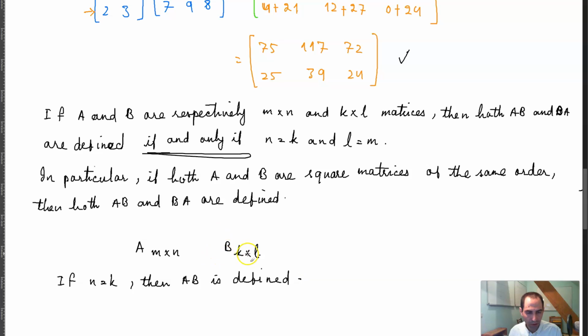Moreover, if I write this the other way around, as B, k by l, and A, m by n, then BA is defined if l is equal to m, because this is the number of columns and this is the number of rows. So if l is equal to m, then BA is defined.